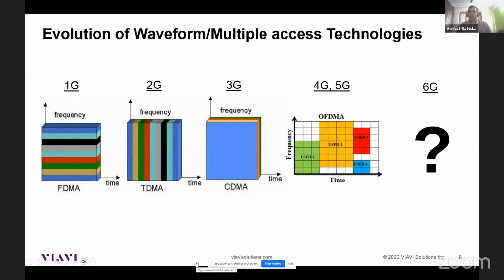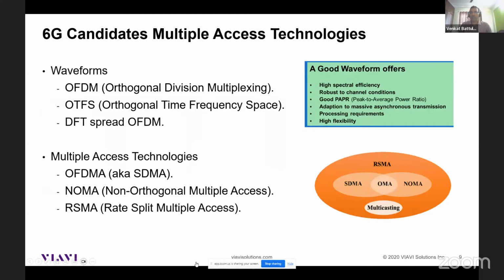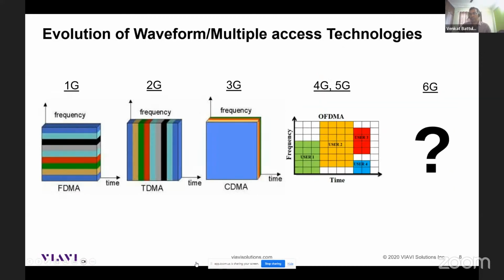It survived two decades, serving 4G and 5G, two successful wireless technologies. And now 6G. What is 6G is the question mark, right? Today nothing is standardized yet, so whatever we speak today is all speculation. Let's be clear about that.